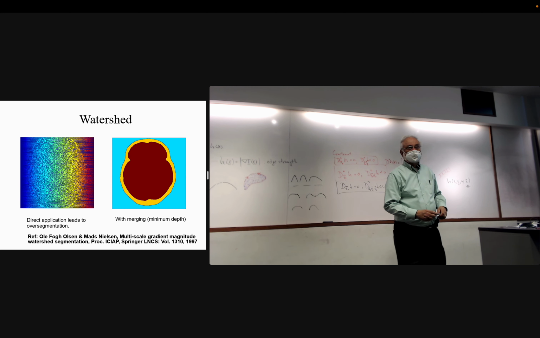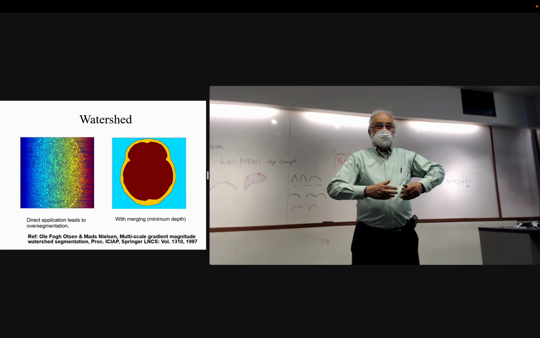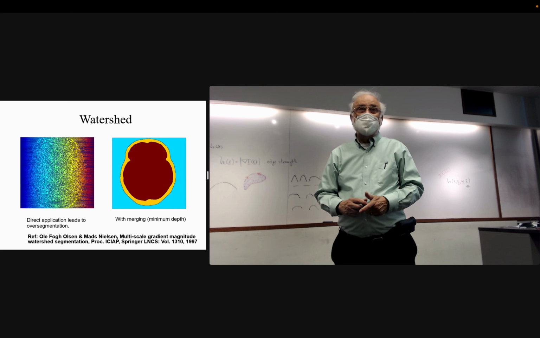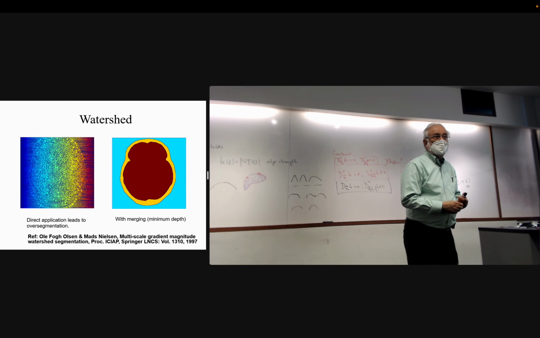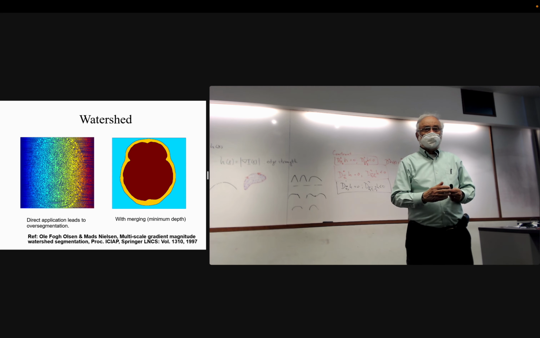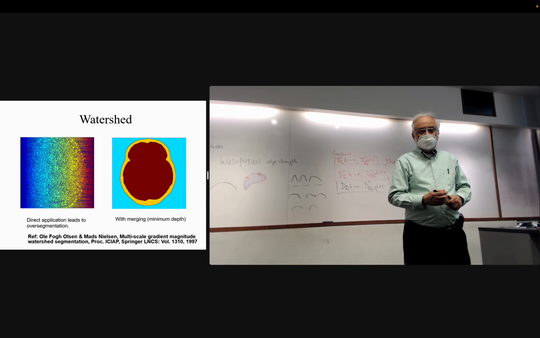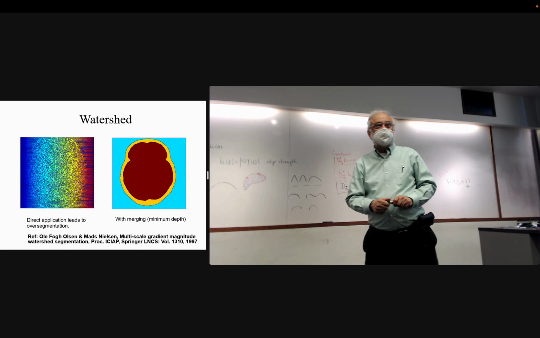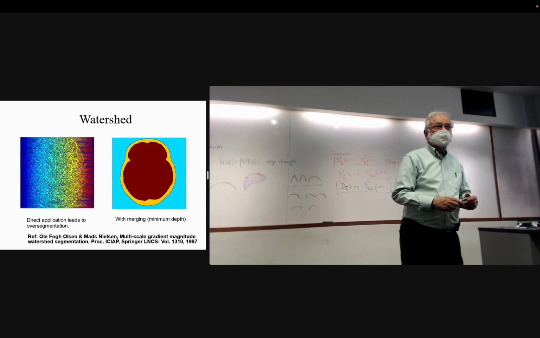Multi-scale is the answer. You start taking Gaussian convolutions for larger and larger sigma. And as sigma increases, some of these watershed ridges join by flooding, and you get a single pit instead of the two.